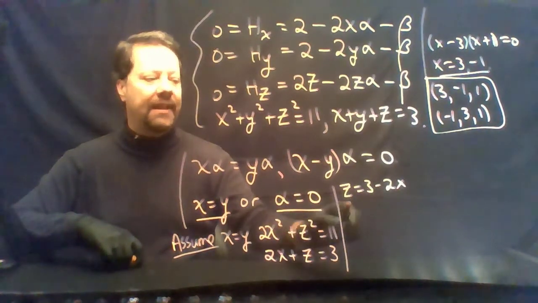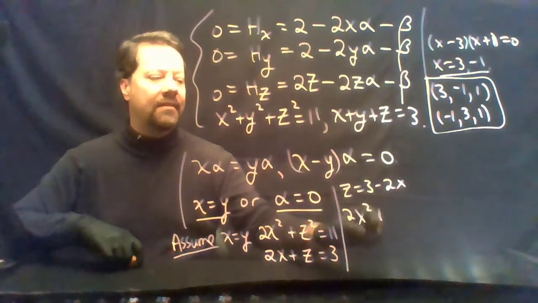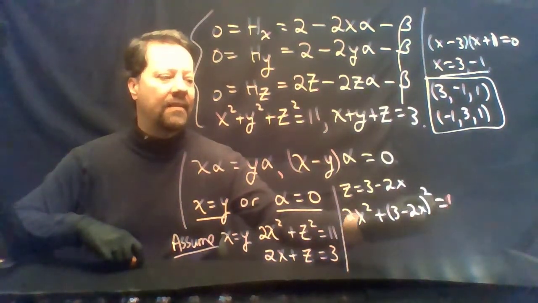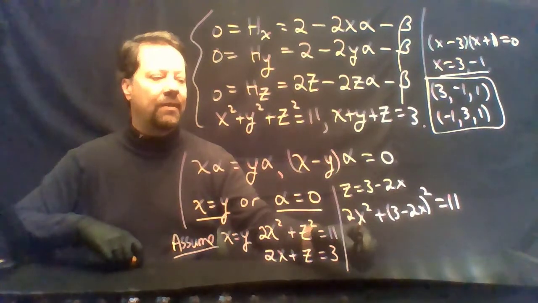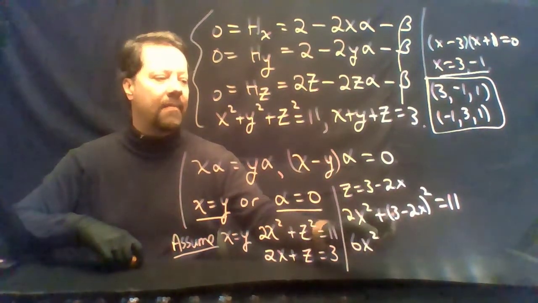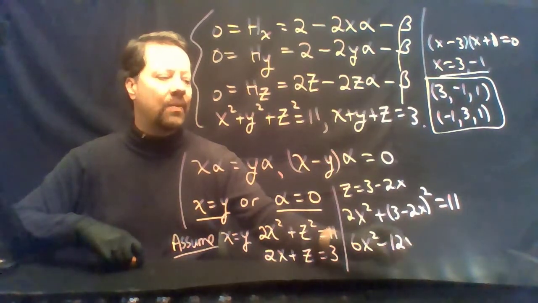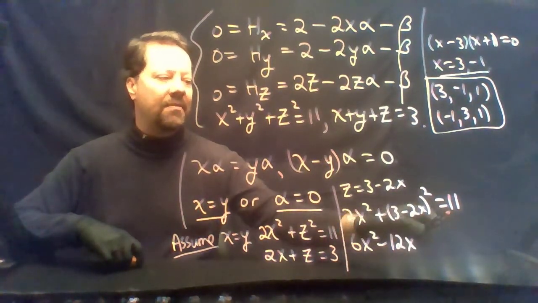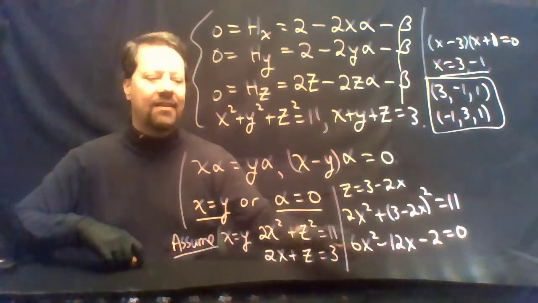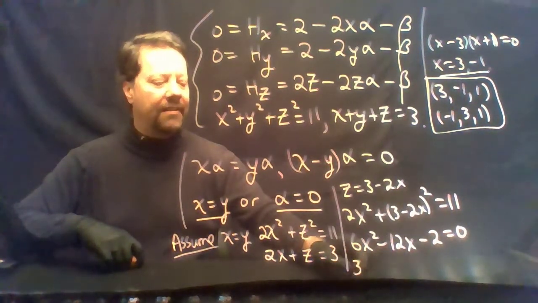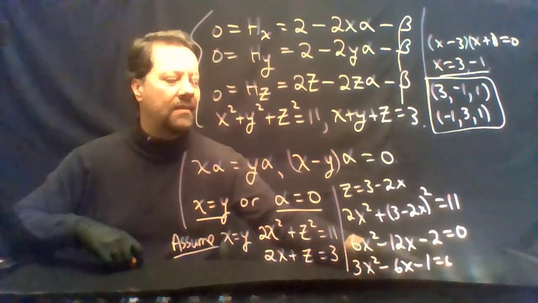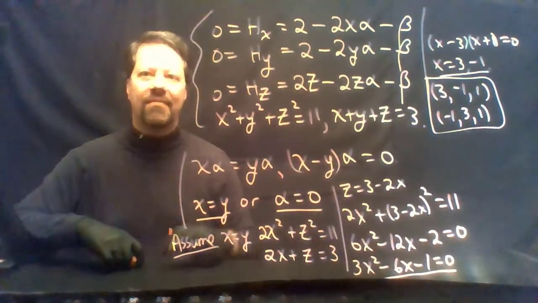We can substitute in and get 2x squared plus (3 minus 2x) squared equals 11. We'll have 2x squared plus 4x squared is 6x squared, minus 12x plus 9 minus 11 is minus 2. We can divide a 2 off and get 3x squared minus 6x minus 1 equals 0.